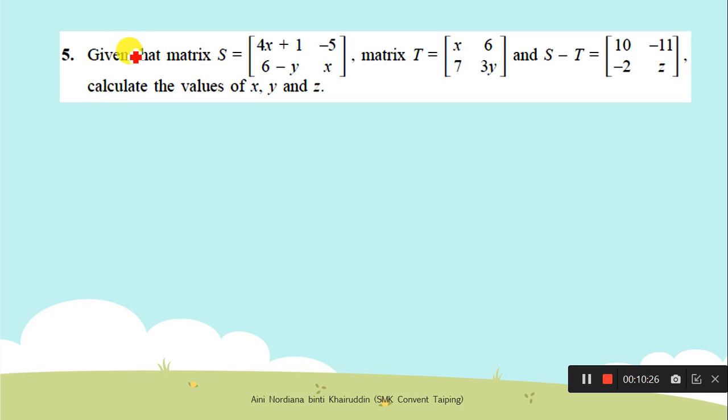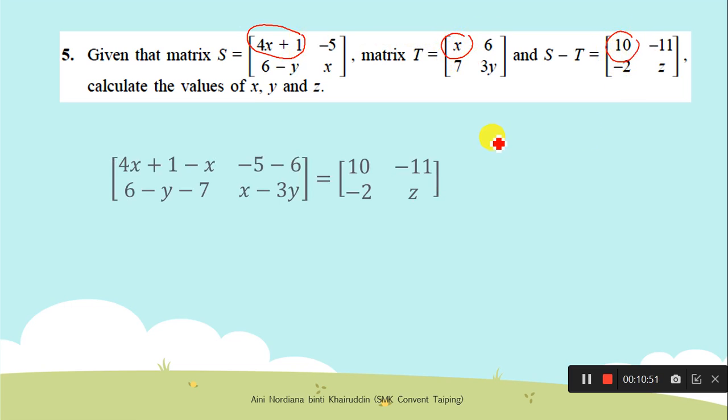Next, question number 5. Given that matrix S, so this is matrix S, matrix T, and S minus T is equals to this matrix. So calculate the value of X, Y, and Z. So S minus T equals to 10.